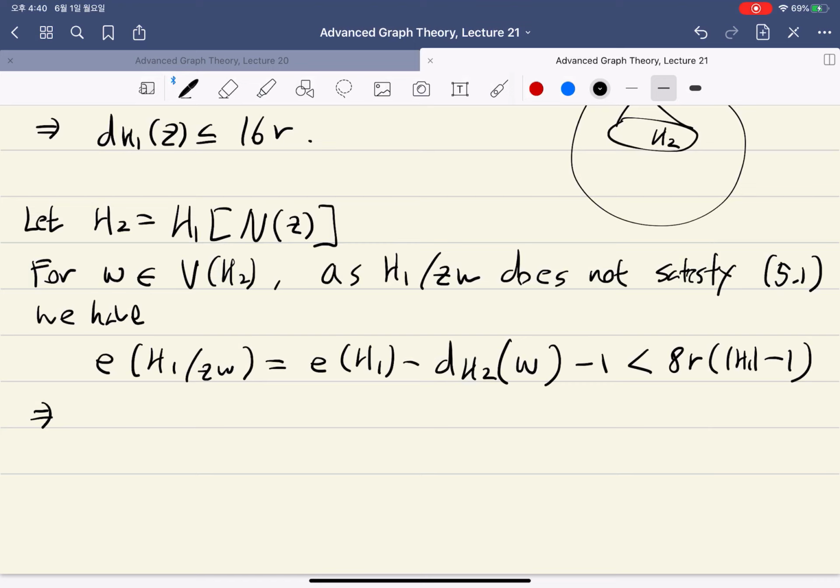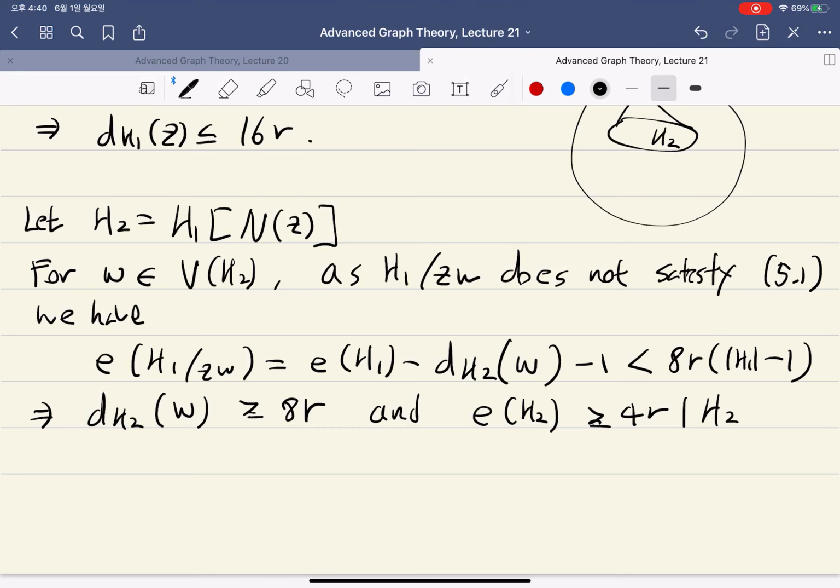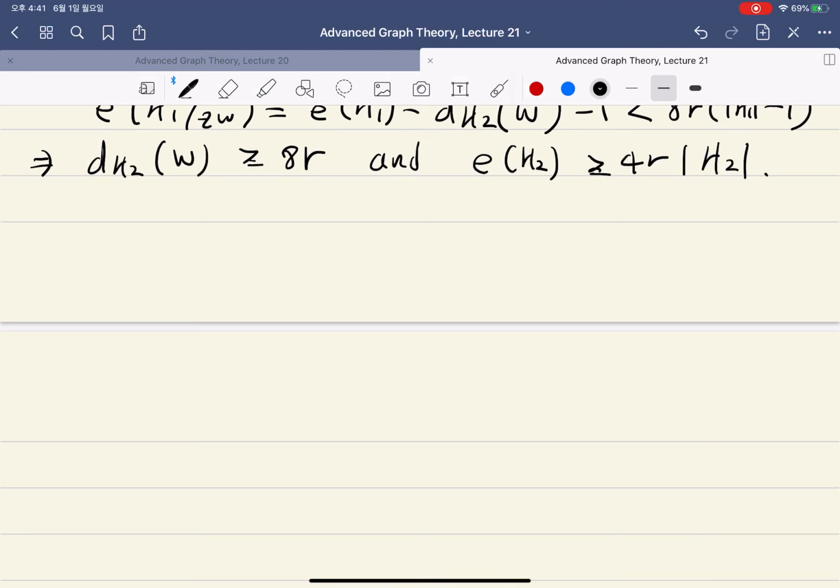So this implies that the degree of W in H2 is at least 8R. Because if you move it here and then move everything else here, then we get this inequality. And from here, what we know is the number of edges in H2 is at least 4R times |H2| by the degree sum formula.